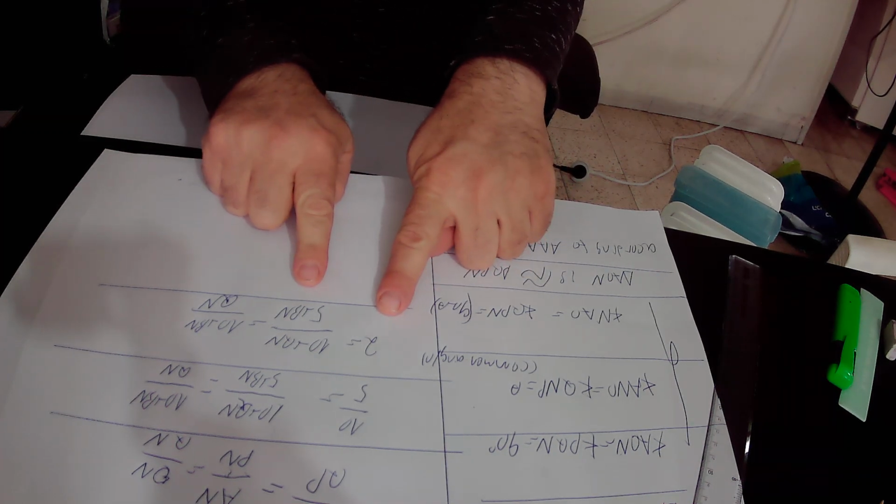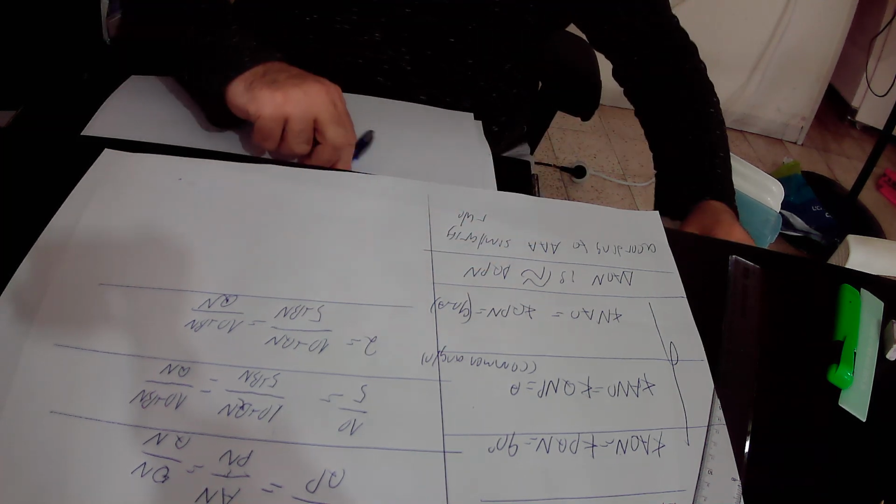Those two sides are equal to each other, therefore we create equation number 1 from those two sides.